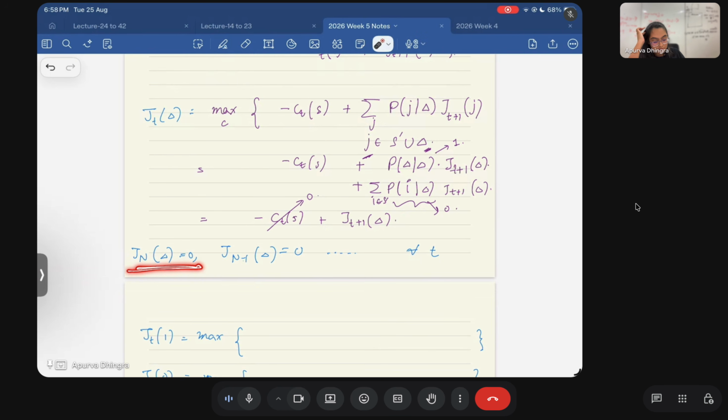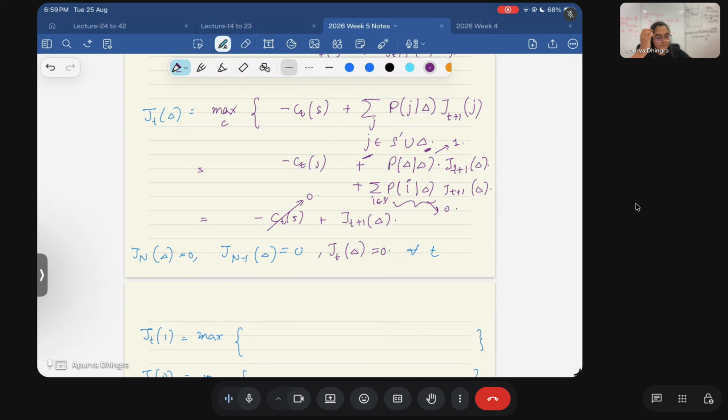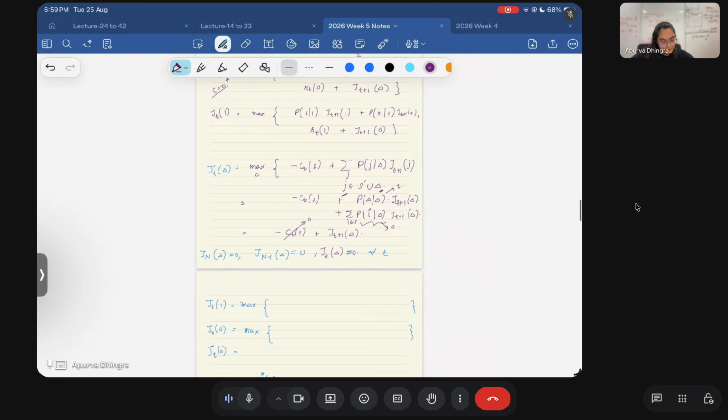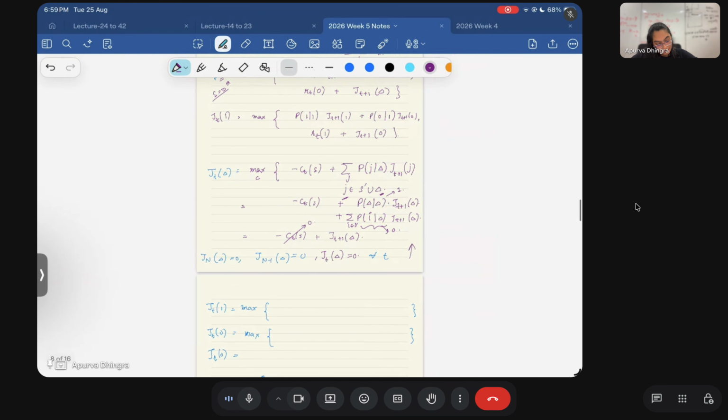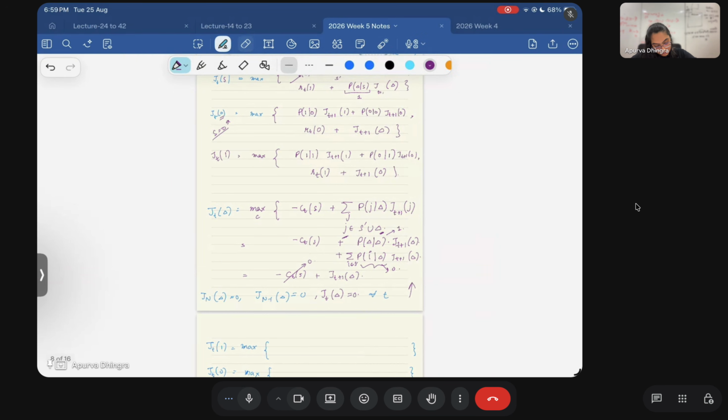At n, this is 0. That means for n minus 1, also this will be 0, and you can just continue and it will be 0 for all t. That means JT of delta is 0. So with this argument, I can go back up and cancel these two objects. This just is 0. This is also 0.